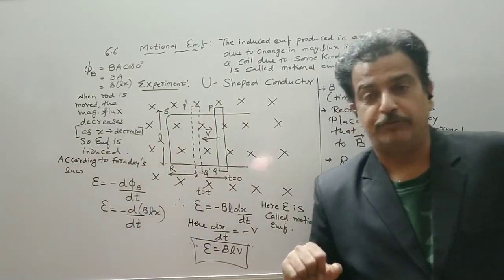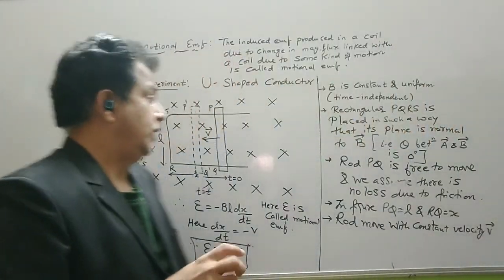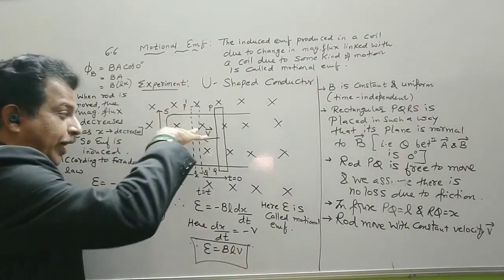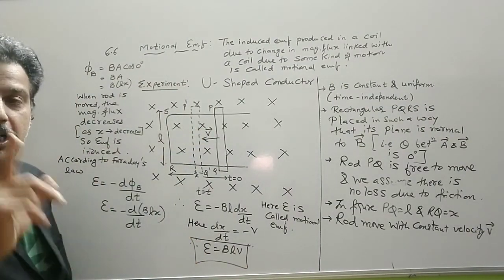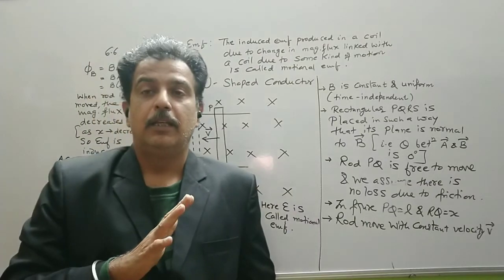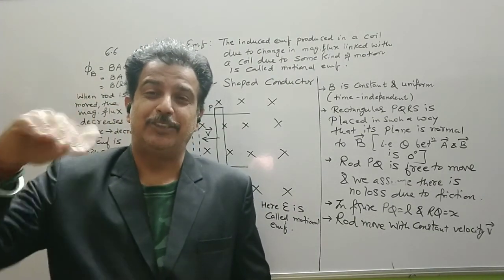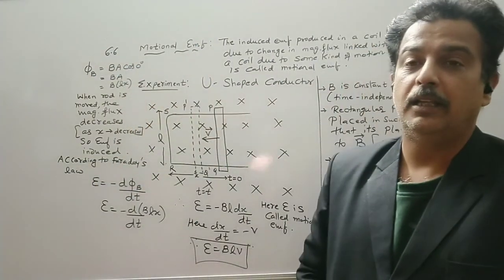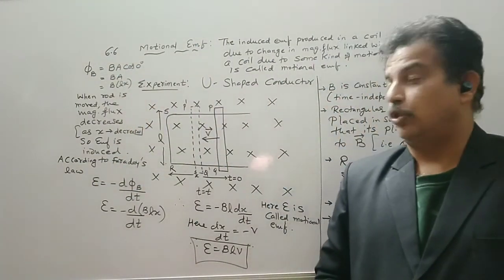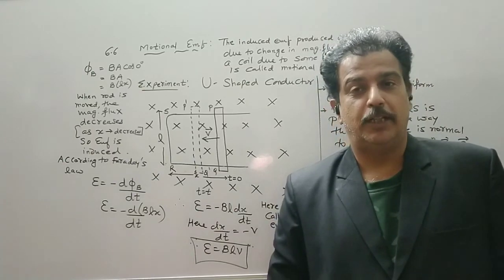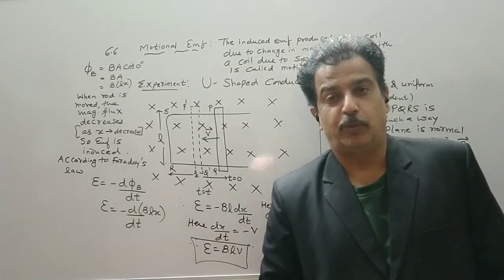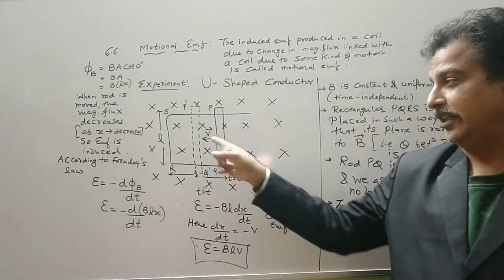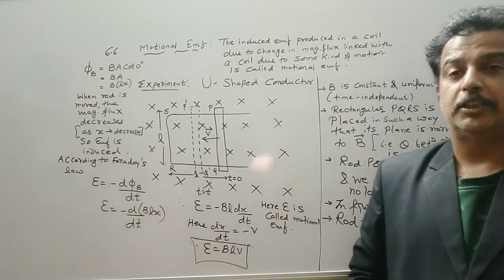By Lenz's law, the number of field lines going in is decreasing. It should not decrease, so the field lines added should be inward, and then the face should be south, as we have done in examples 6.4 and 6.5. So you can easily predict its direction.